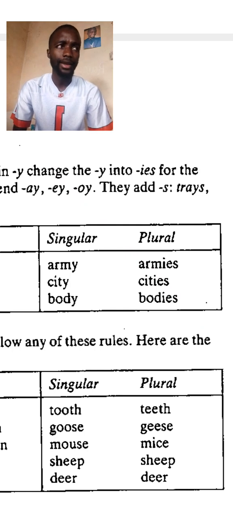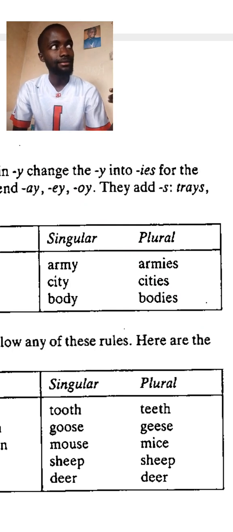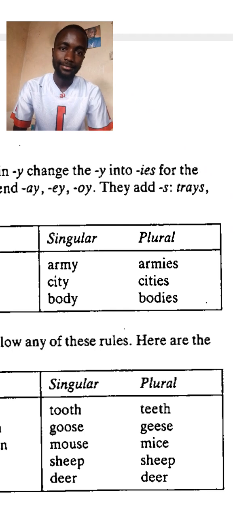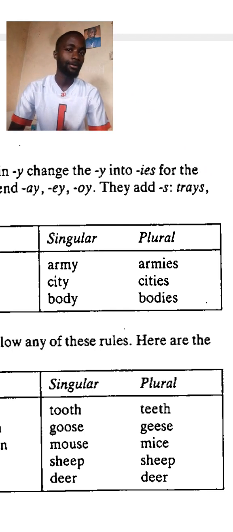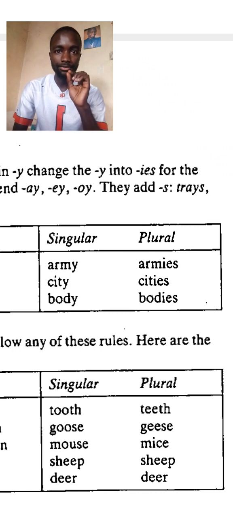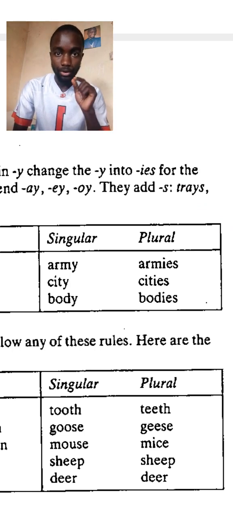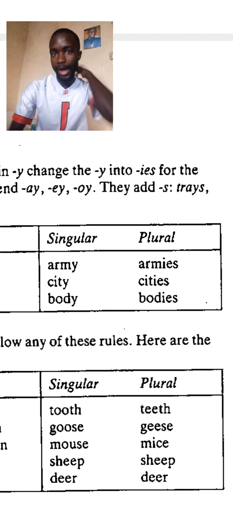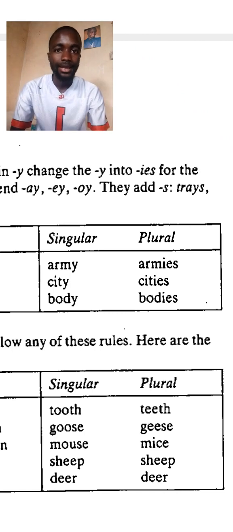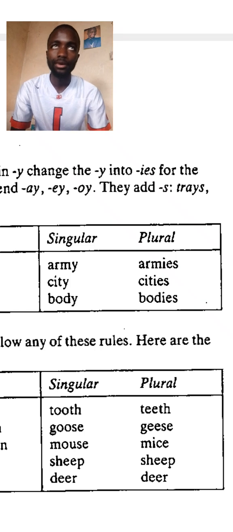But now how about if I say boy? Boy ends in Y. The rule says no. Boy is not part of it. Why? Because O is before the Y in boy. So because of the O before the Y, we say boys, not "boies".